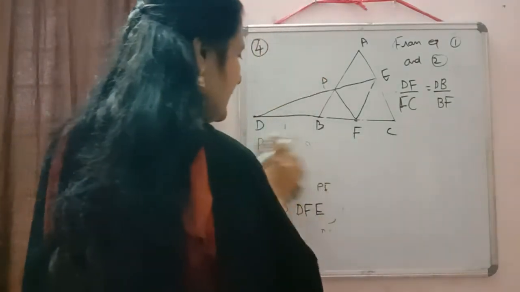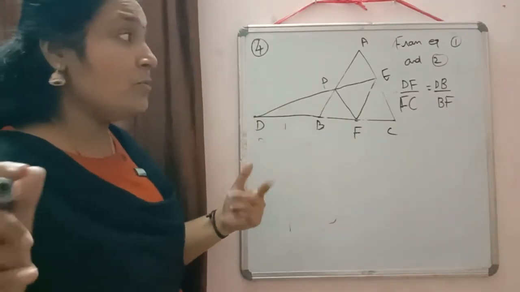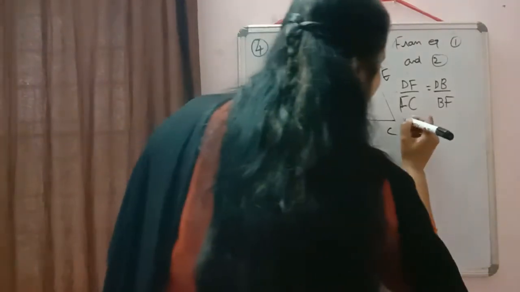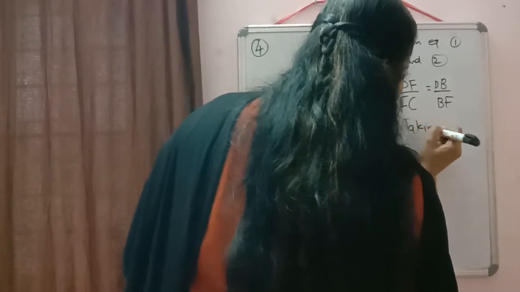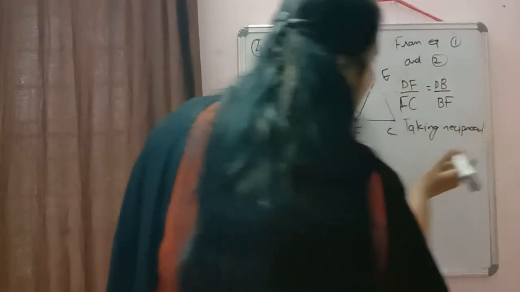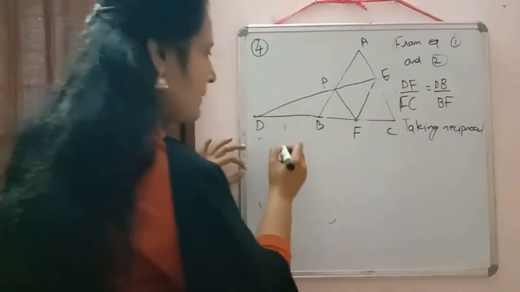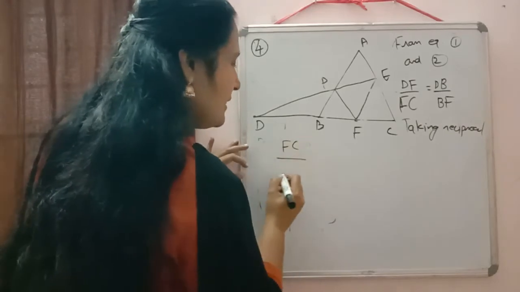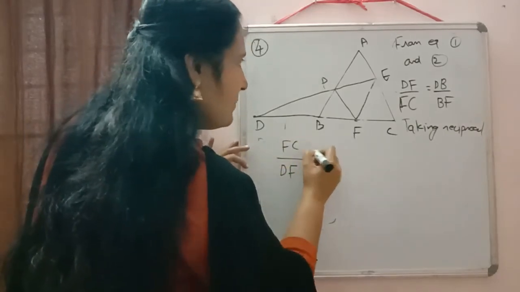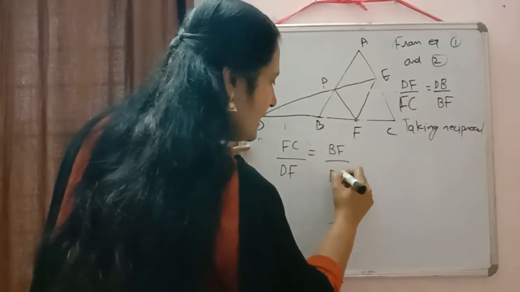If we don't need any side, that side should be kept in the numerator. So again, what you have to write there? Taking reciprocal. Why did I take the reciprocal? Because I don't need FC in the denominator. So I am taking reciprocal. Then it will be equal to FC by DF is equal to BF by DB.